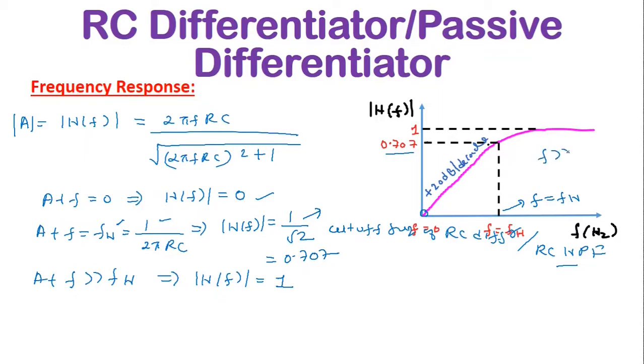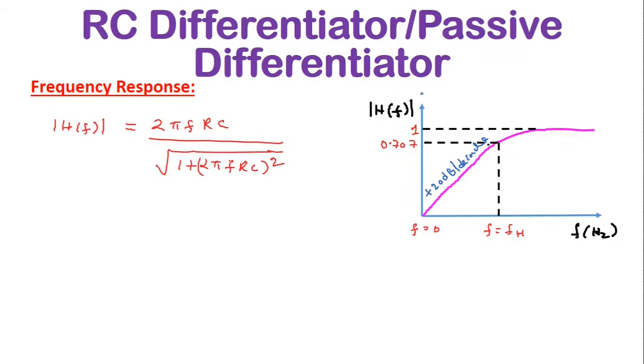And when frequency is very much greater than the cutoff frequency fH, the magnitude of gain is approximately equal to 1. This is the magnitude of H(f) equation we have derived just now.